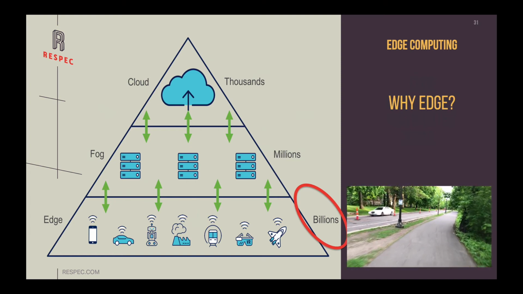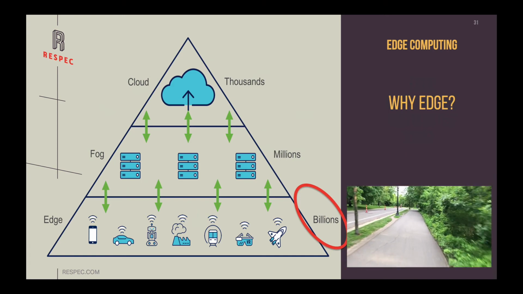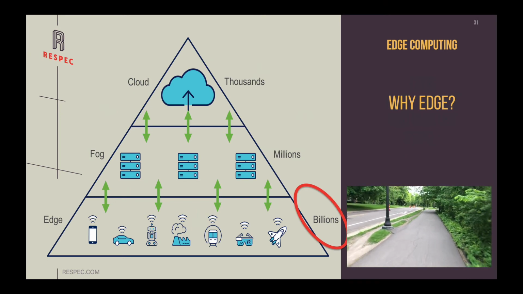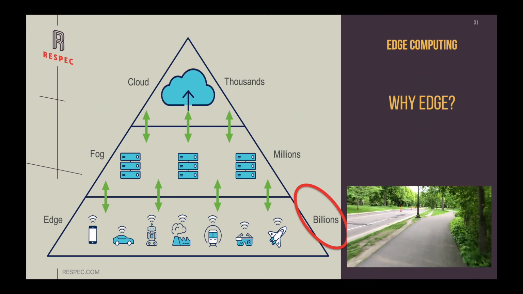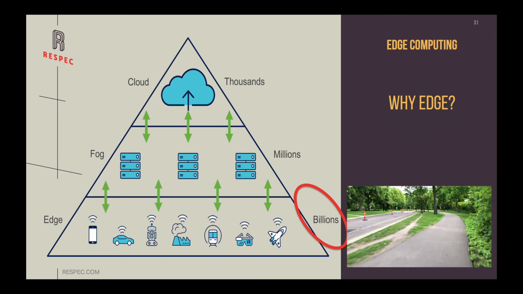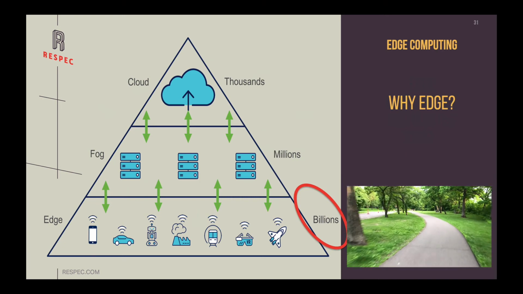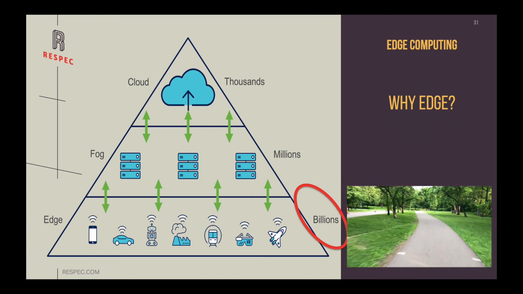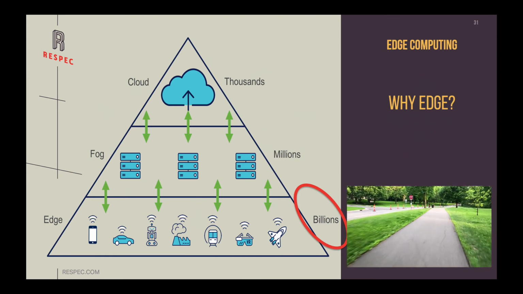Fundamentally, though, all those things really stem from this bottom metric here, where we have billions of devices out at the edge, and the security aspects, the bandwidth aspects, and a number of other reasons push us outward towards the edge.